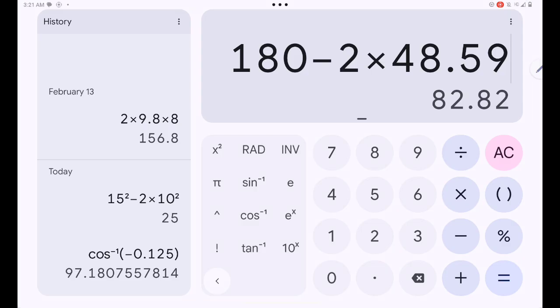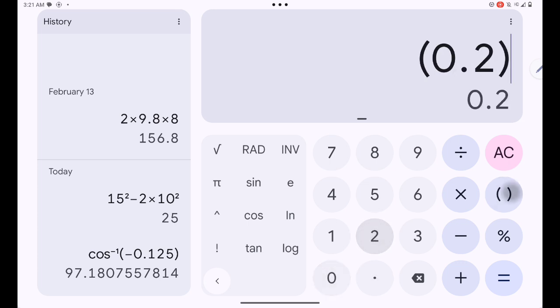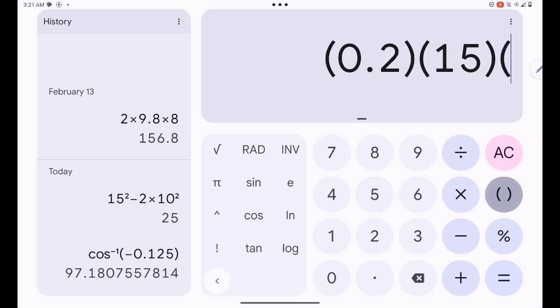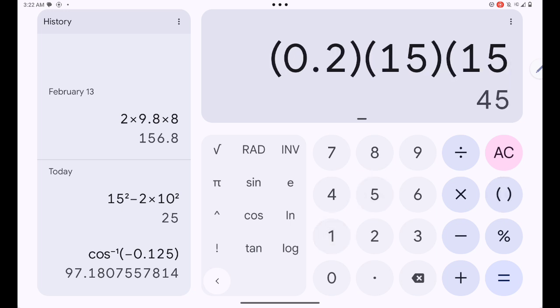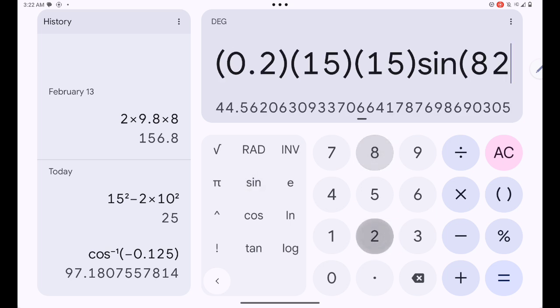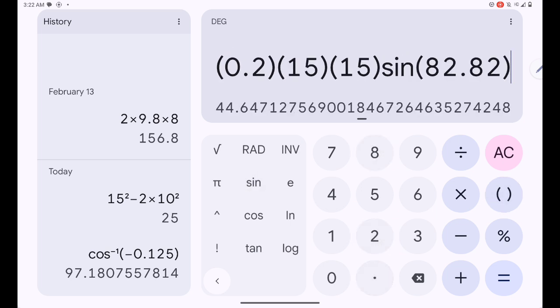Let me go and punch my calculator. Okay, so it's 1/2 multiplied by 15 times 15 and the sine of 82.82. Was it 82.82?